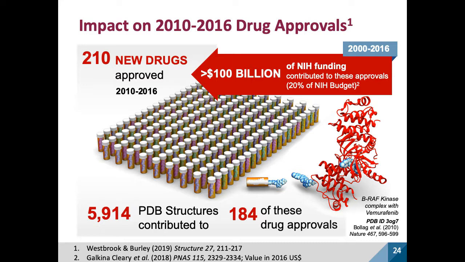So the kind of work that was done at Plexxikon for vemurafenib is the rule, not the exception in terms of drugs. And it demonstrates the importance of PDB data, because of course those were the structures that are in the public domain, the starting points for what the companies do when they begin a structure-guided drug discovery campaign.